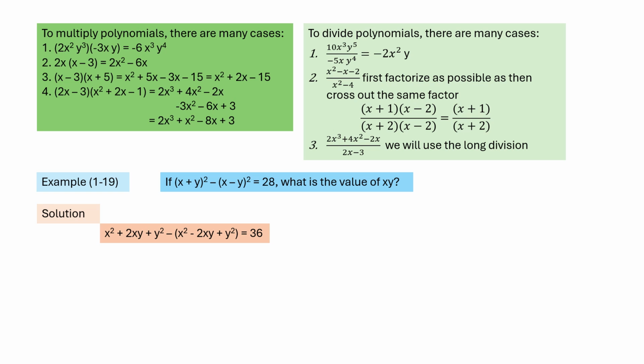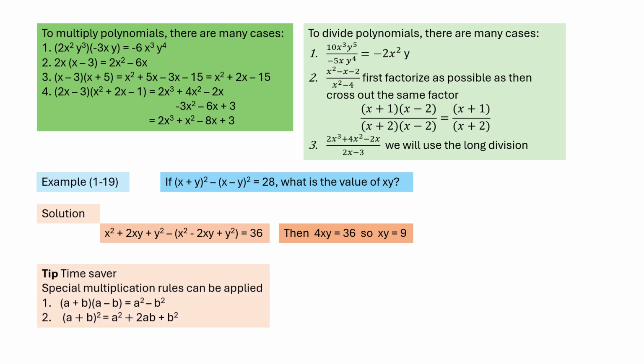Minus, also take care, open the bracket after the negative sign and expand the second bracket. So x squared minus 2xy plus y squared equals 28. Now distribute the negative to the second bracket and you will get 4xy equals 28, divided by 4. So suddenly you get xy equals 7.